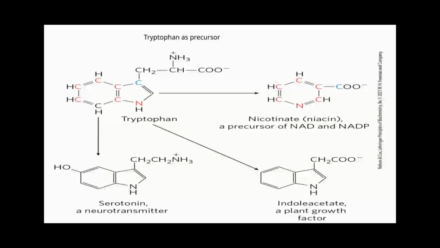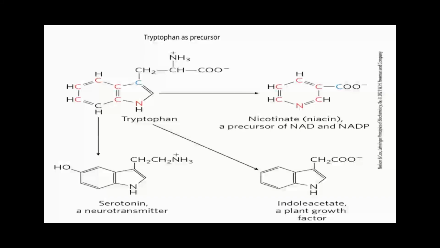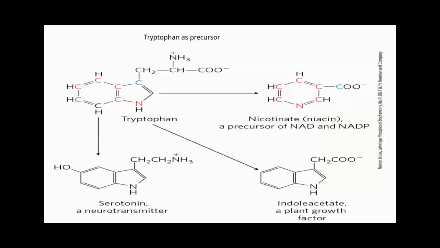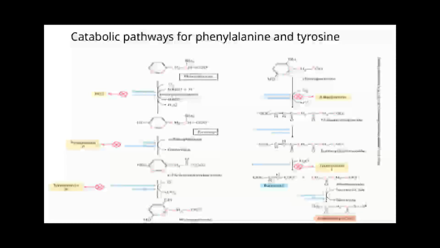Let's take a closer look at the catabolic pathways for phenylalanine and tyrosine. These pathways are essential because they help us break down these amino acids to produce energy and important metabolic intermediates. Phenylalanine, which is an essential amino acid, is first converted into tyrosine through a hydroxylation process. From there, tyrosine can undergo further degradation through a series of reactions that ultimately produce important compounds like fumarate and acetoacetate.